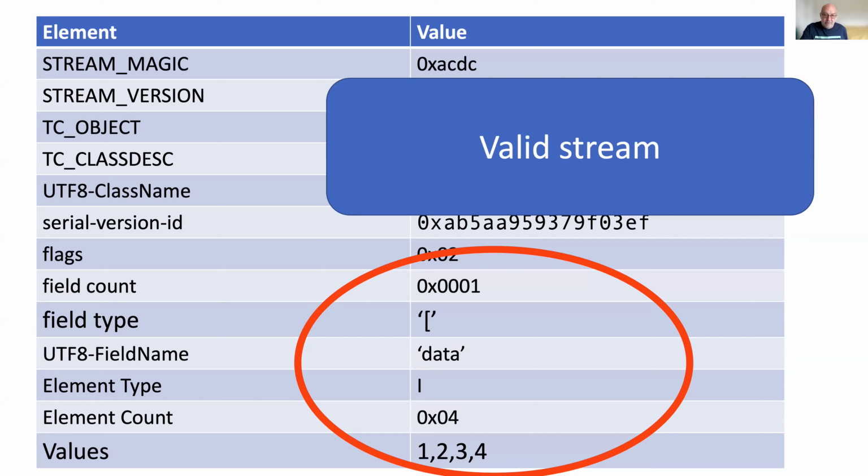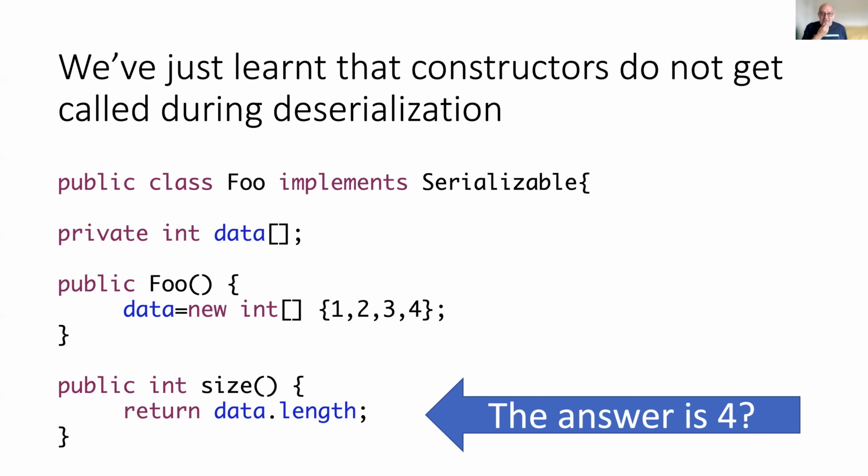It's cool, right? And then if I deserialize it and I ask what's the size of the object, the answer is going to be 4, right? Not because the constructor got called, but because we filled the array from the byte stream.